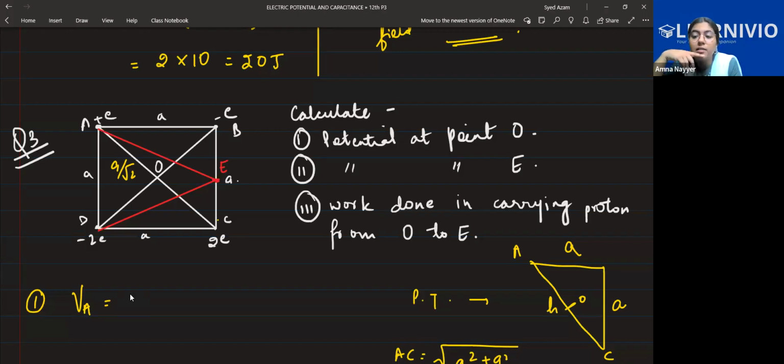Potential due to a point charge, the derivation which we did in the starting of the class. Final formula, what was it? KQ by X square? No, KQ by A by root 2 square?